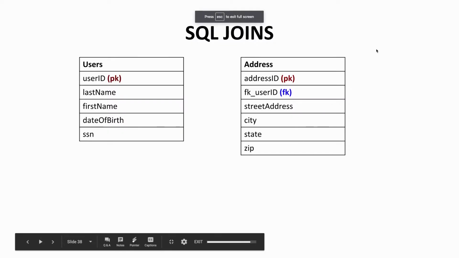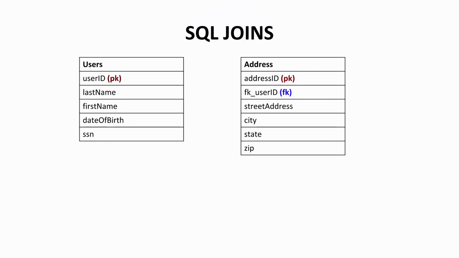In SQL, joins allow you to connect two data sets on primary and foreign key relationships. Since this is not a databases course and I don't want to go into explaining the whole idea of primary and foreign key relationships, the way you can think about them is that you have these two tables, or two data frames, or two data sets, however you want to think about them, and each of them has a unique identifier that allows us to link these two tables.